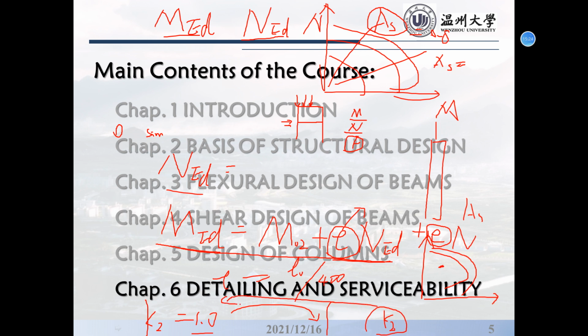Only when these two values are close, the same values, then the iteration is over. So this is about the difference between the short column design and the long column design.